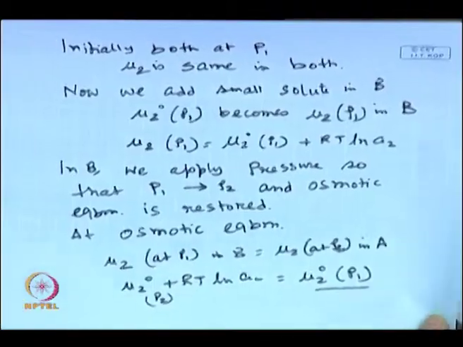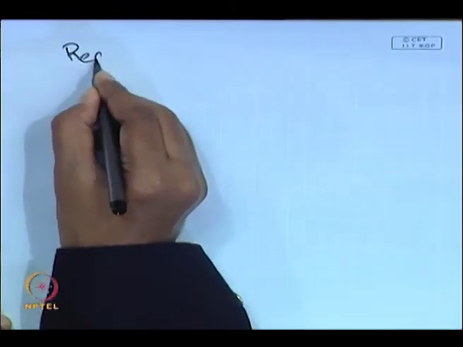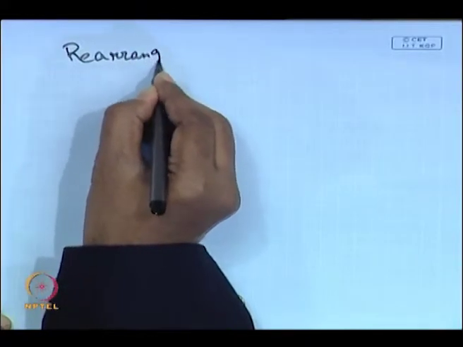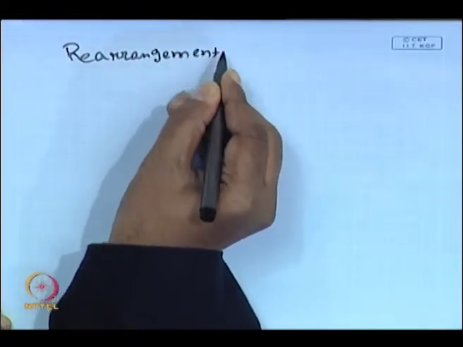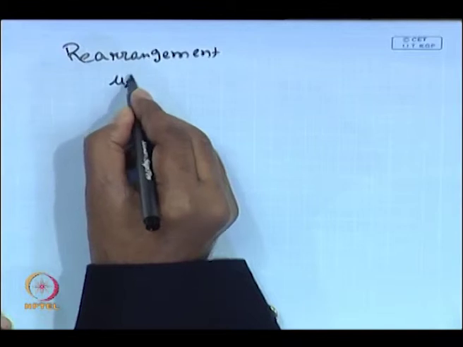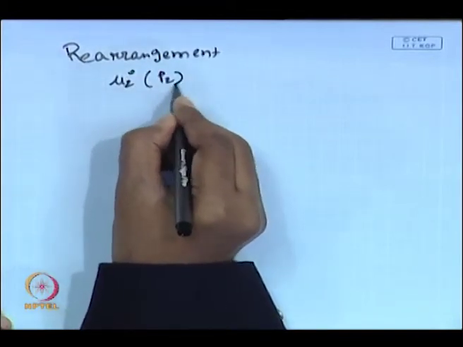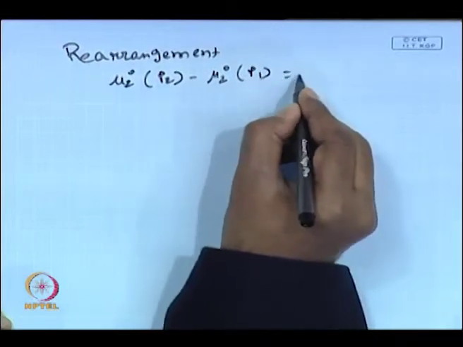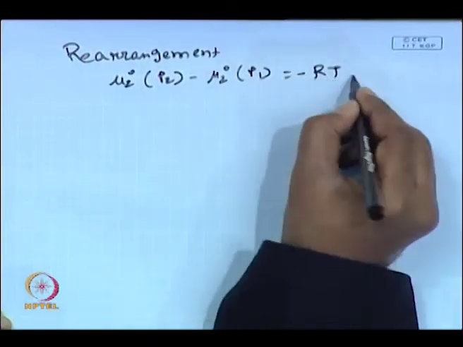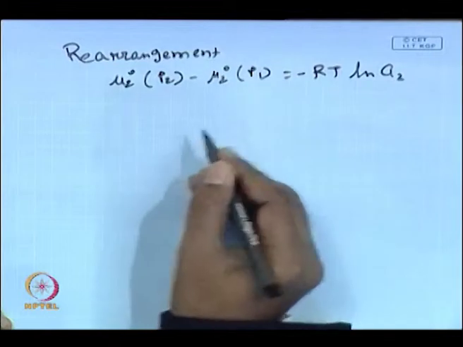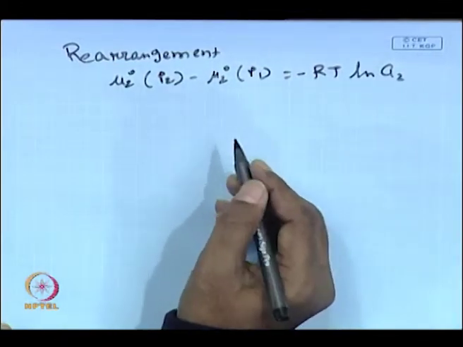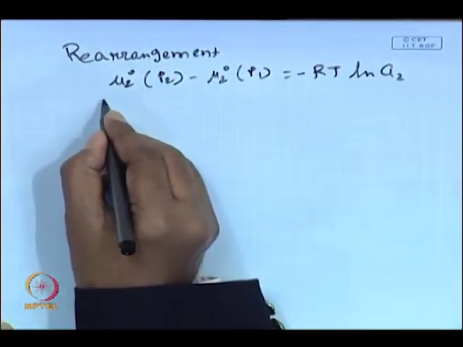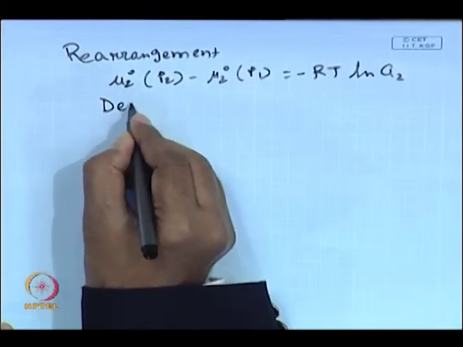Now, we rearrange this equation, and rearrangement results in mu 2 naught at P2 minus mu 2 naught at P1 equal to minus RT ln A2. Okay. Now, we invoke the definition of partial molar volume.